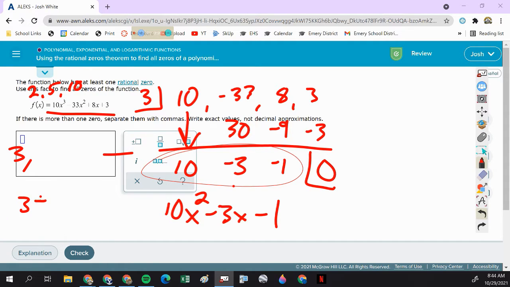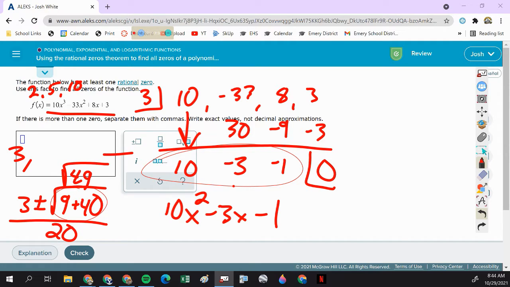So 3 plus or minus the square root of 9, minus 4 times -1 is 4 times 10 is 40, over 20. 9 plus 40 is 49, and the square root of 49 is 7. So we get 3 plus or minus 7 over 20. 3 plus 7 is 10. 10 divided by 20 is 1/2. 3 minus 7 is -4, and -4 divided by 20 is -1/5.